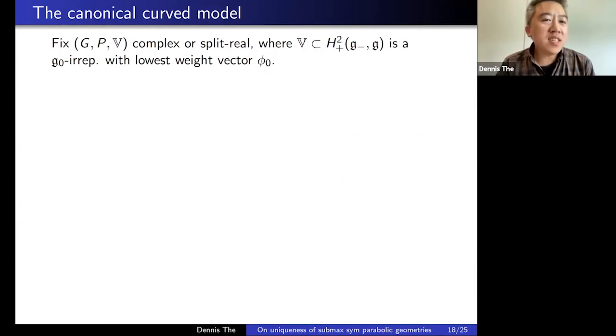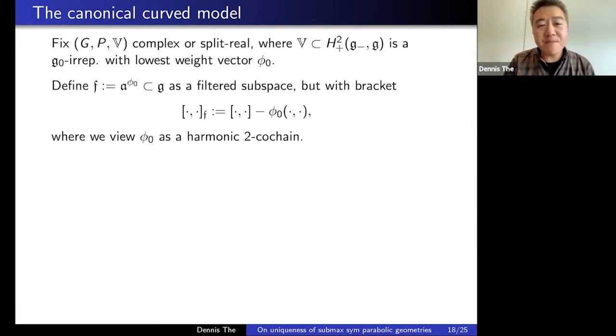Okay, so what's this canonical curve model? Okay, so fix a G, P, and a submodule. And let's suppose that that submodule has a lowest weight vector. Okay, so this is stuff that comes out of this constant black box that I mentioned earlier. Let's take F to be this extrinsic Tanaka prolongation with input phi 0. This is a filtered subspace, right?